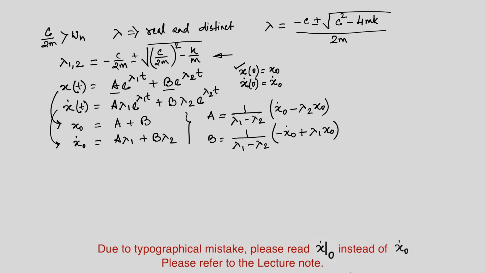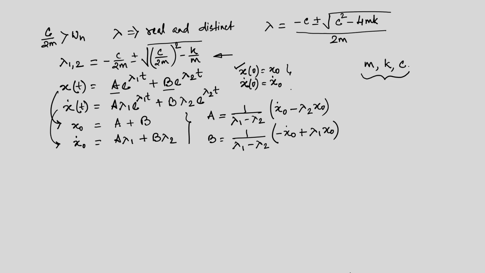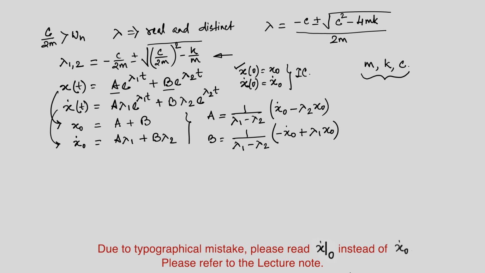So, what we do? We first define the mass, stiffness and damping. Then once we do that, the problem statement is defined. We also need to define the initial conditions. Then based on this mass, stiffness and damping coefficient, these are the system parameters.